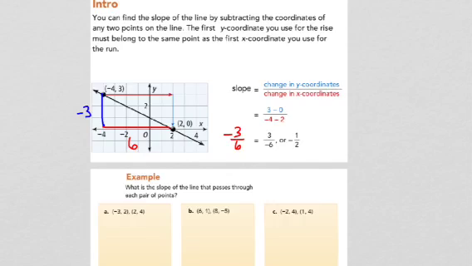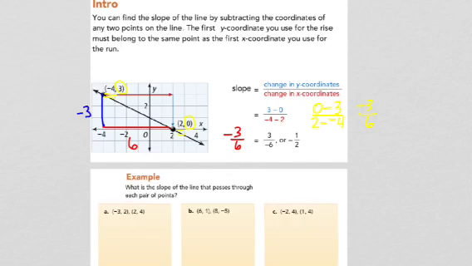Let's talk about if we did it the opposite way. So if we take 0 first and then subtract 3, so if we do 0 minus 3, we would get -3. If we do 2 minus -4, then I would get 6.